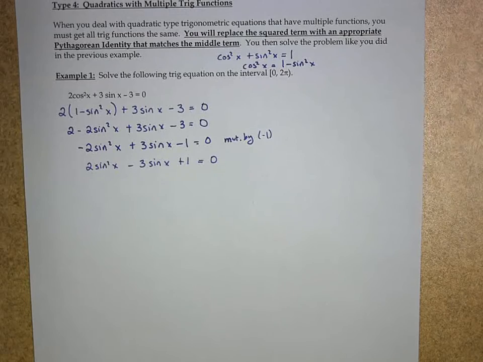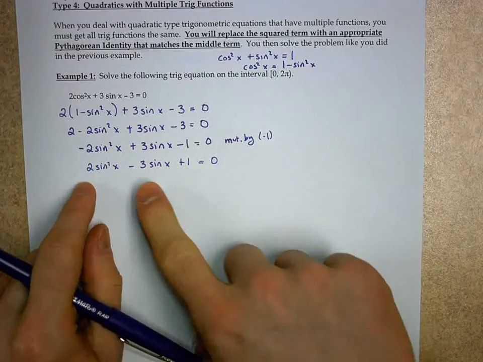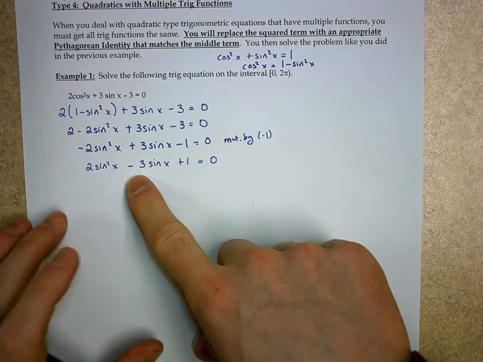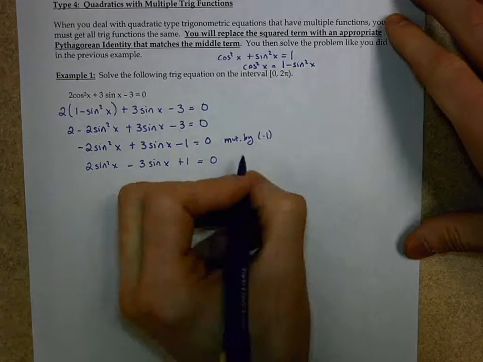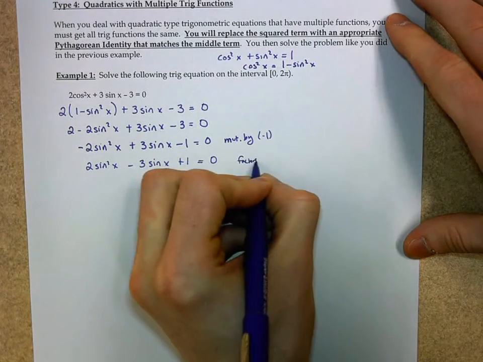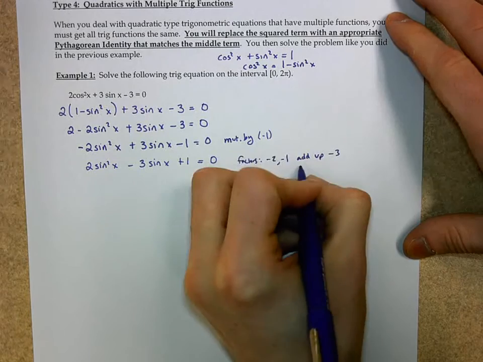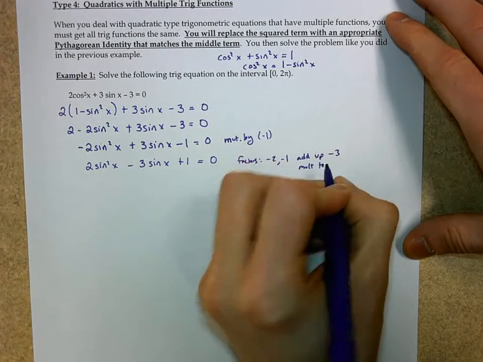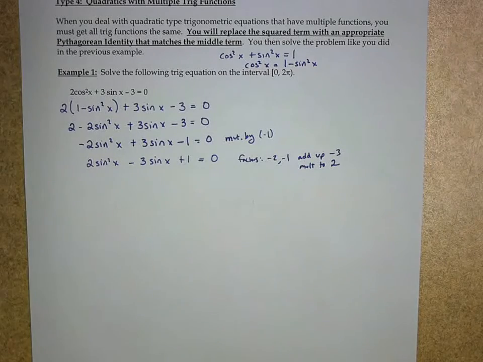Now I can do my factor by grouping that I'm used to, or I can say the factors of 2 and 1 that add up to negative 3. And the factors of 2 and 1 that add up to negative 3 are going to be a negative 2 and a negative 1. So with this right here, my factors will be negative 2, negative 1, add up to negative 3, multiply to a positive 2, which is what I wanted.